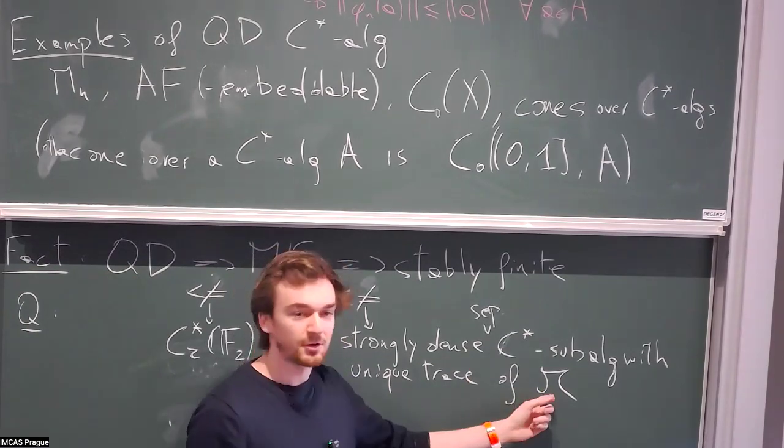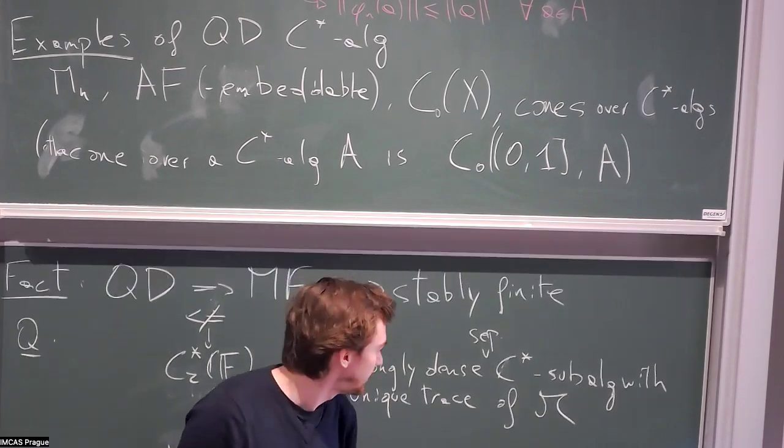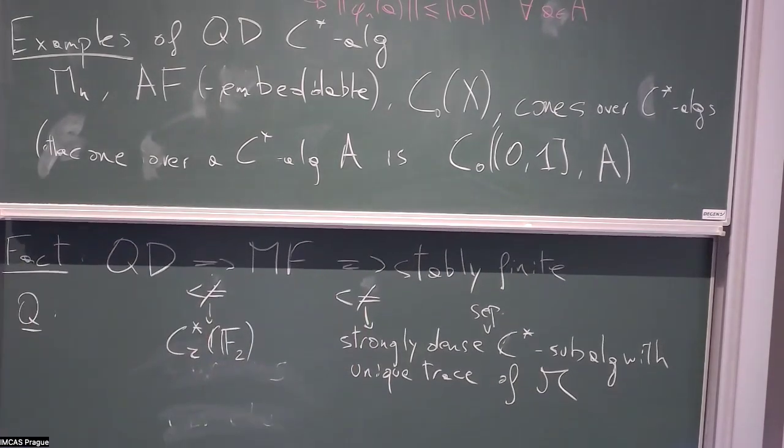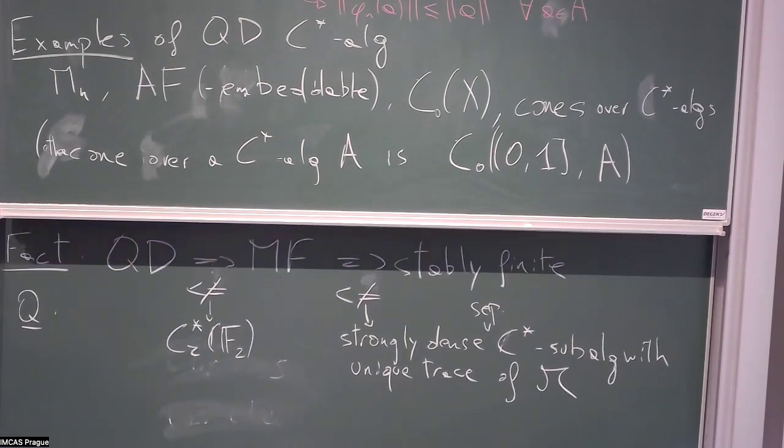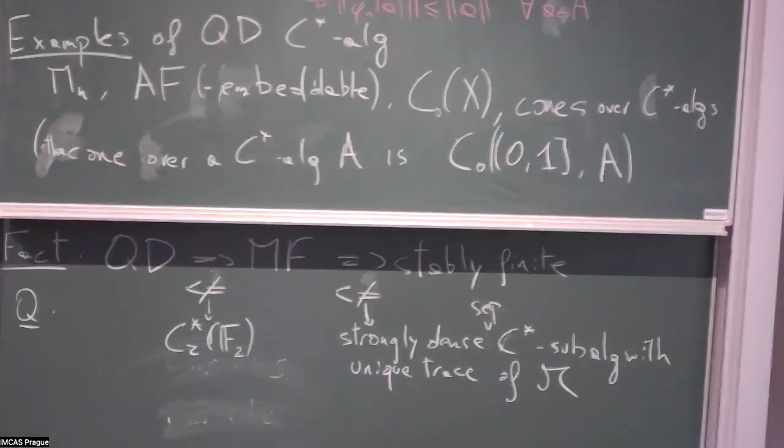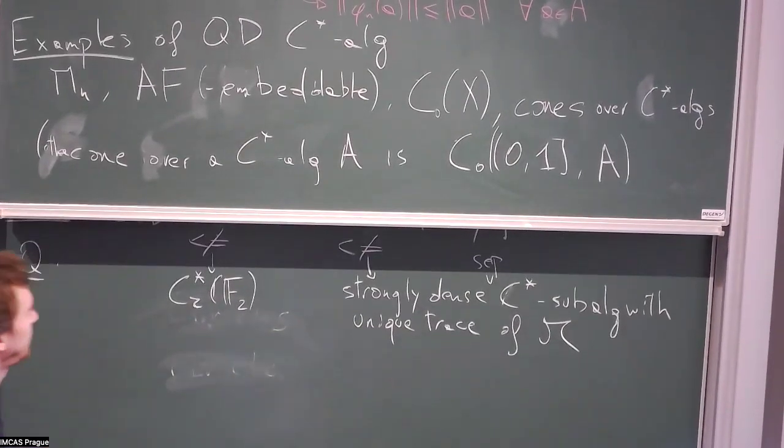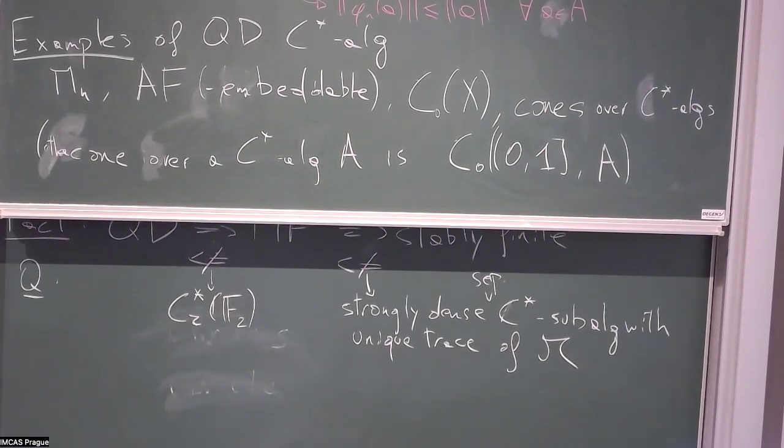But we just took M to be a counterexample to the Connes embedding problem, so it shouldn't embed into R omega. Right.